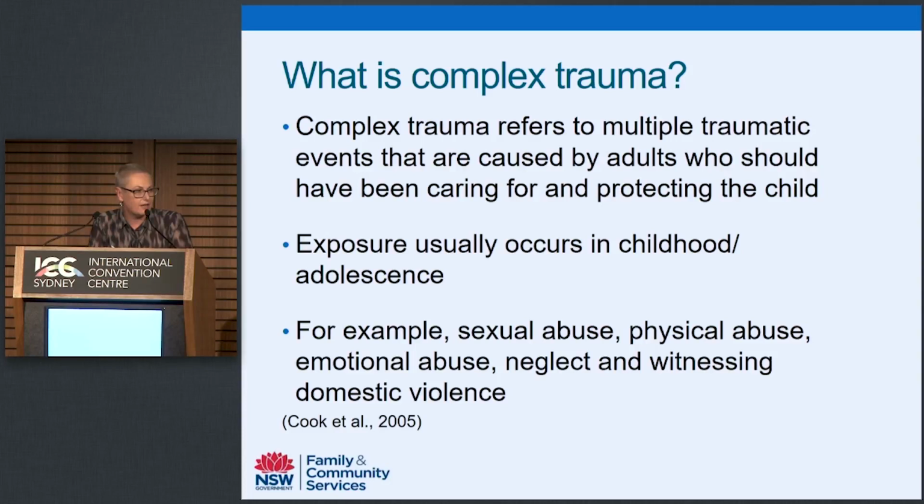And that is either through physical abuse or through neglect. It's the person who is meant to look after you is not the person that is caring about you. That makes it really difficult for you to develop in the best way possible.